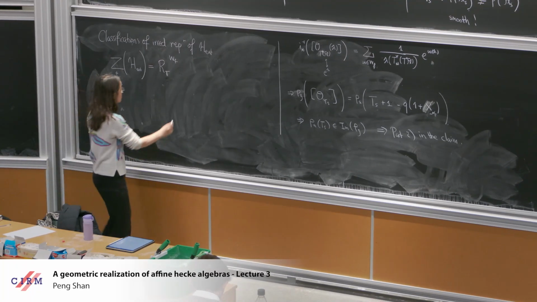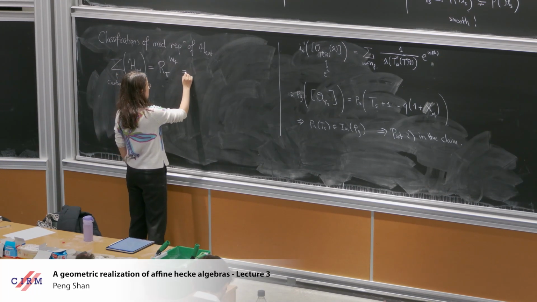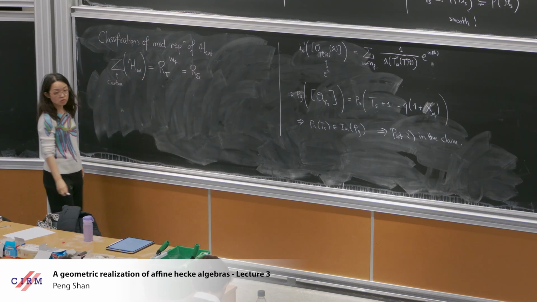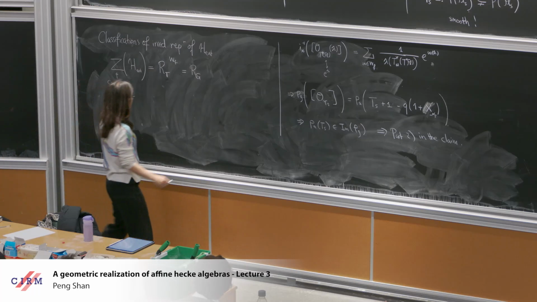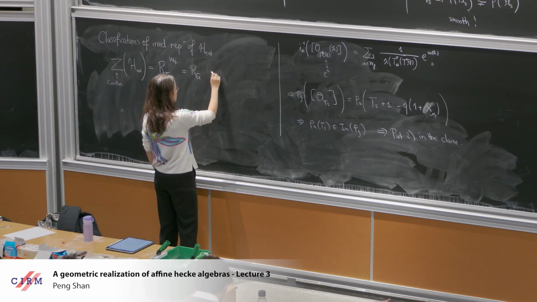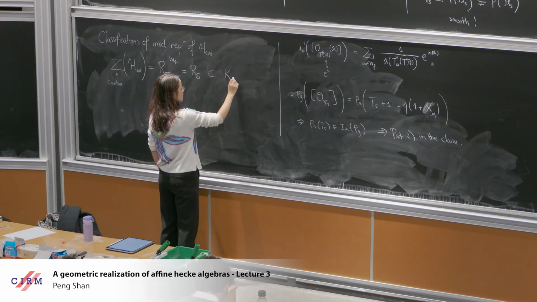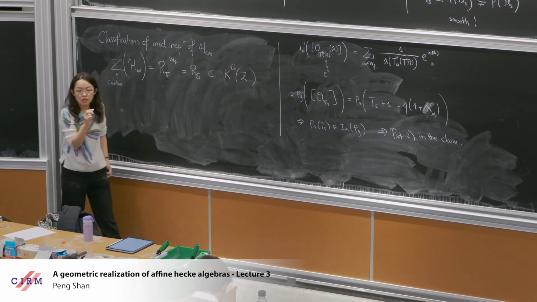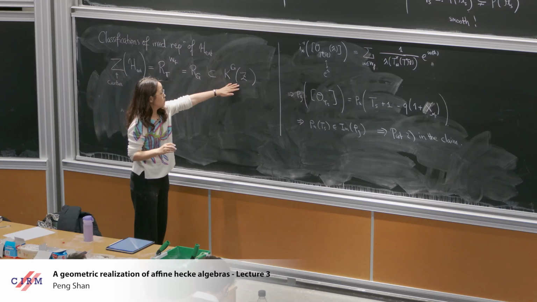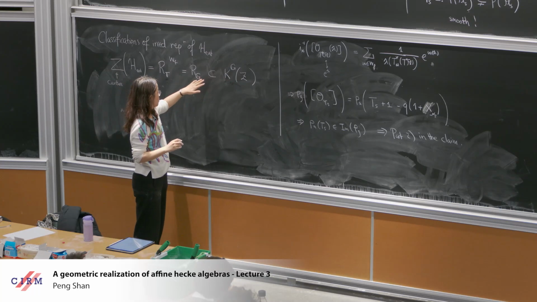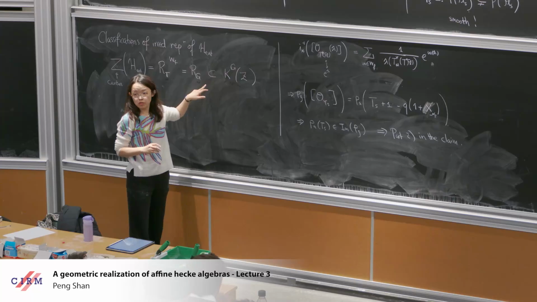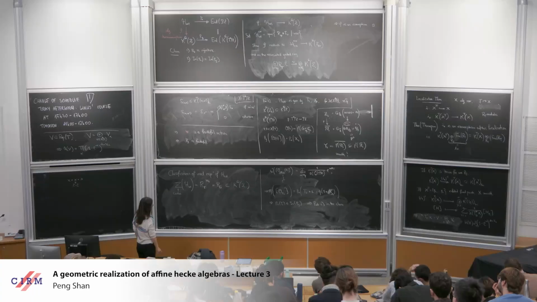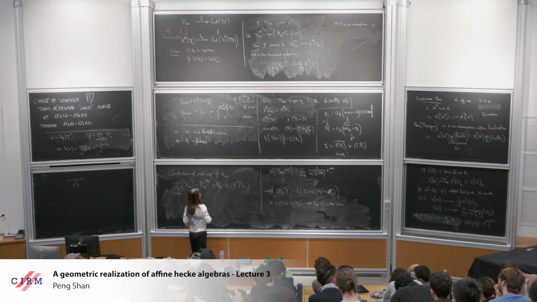And this is the same by Cholet isomorphism as the character ring of G. And so this just sits naturally inside Kg of the Steinberg variety. Any equivariant K-theory is a module over Kg of a point, but in this case, I show this is the center here.